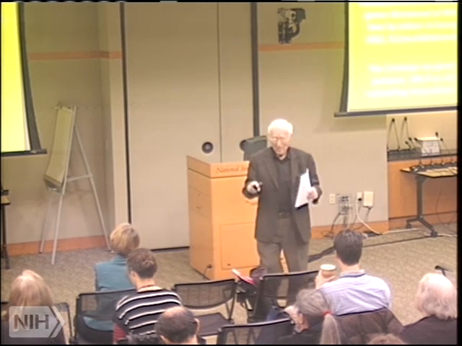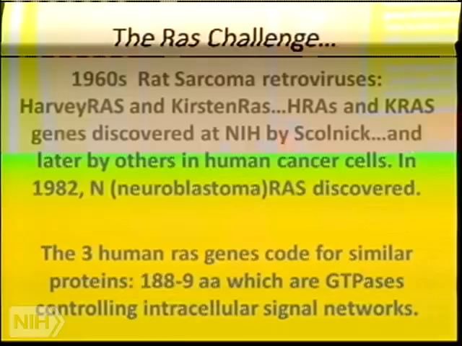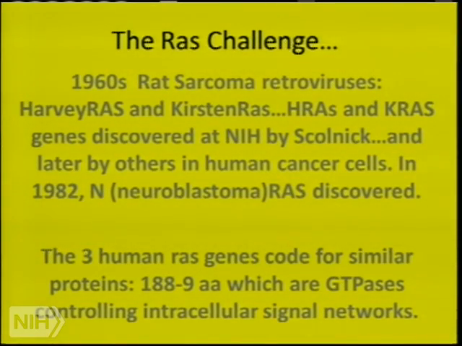So just by way of brief introduction for those who are not RAS aficionados, RAS is originally named for two rat sarcoma viruses, which were identified by two different investigators, Harvey and Kirsten. And then the genes responsible for these viruses, for their transforming properties, were discovered here at NIH, mainly by Ed Skolnick and his associates.